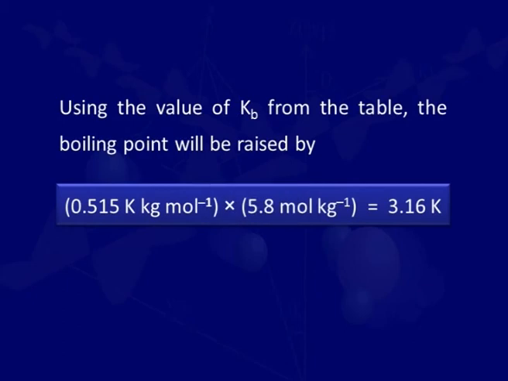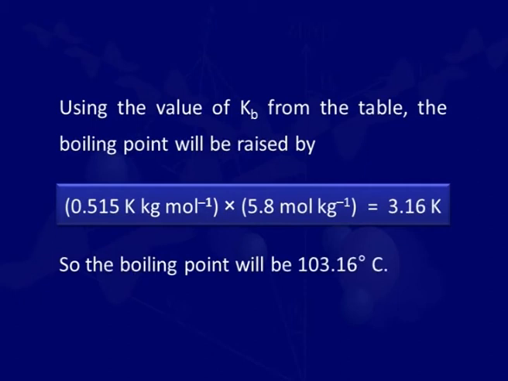Using the relationship for delta Tb, we will get the value of delta Tb equal to 3.16 Kelvin or 3.16 degrees Celsius. Hence, the boiling point of this solution will be equal to 100 plus 3.16 degrees Celsius, that is 103.16 degrees Celsius. Now, we are going to discuss another colligative property.